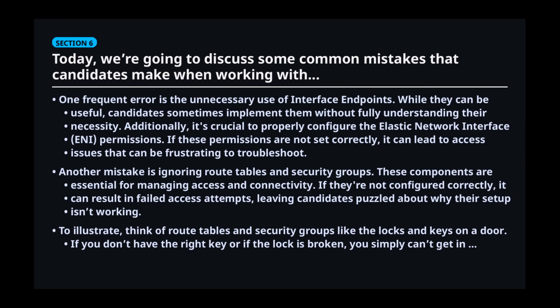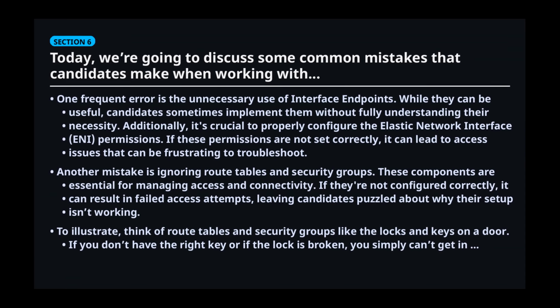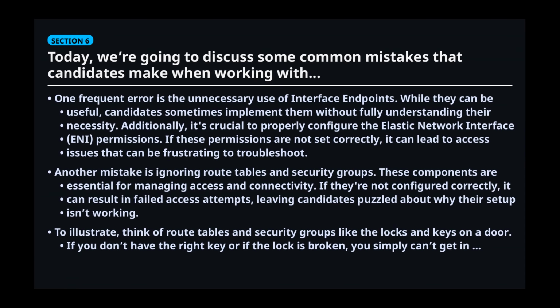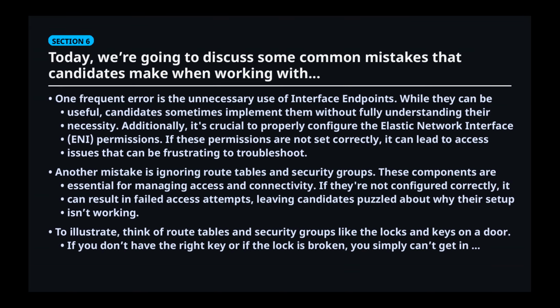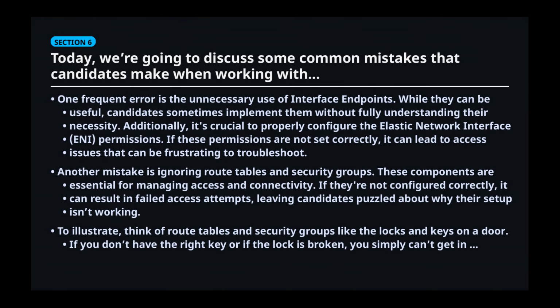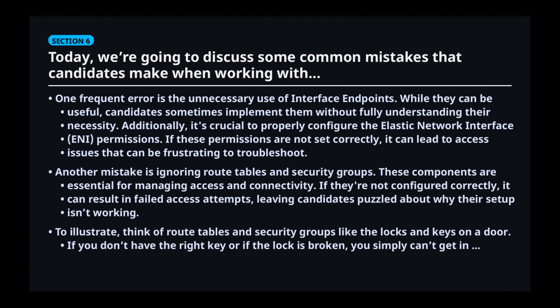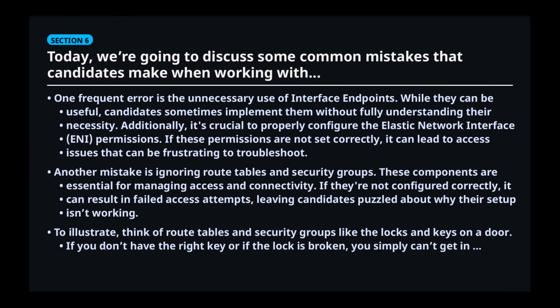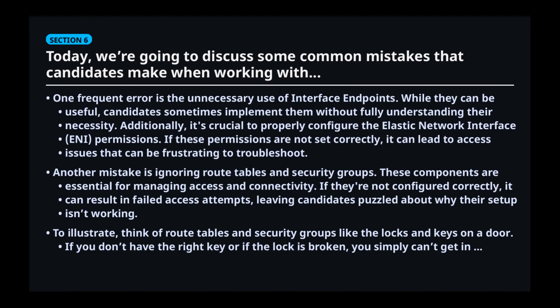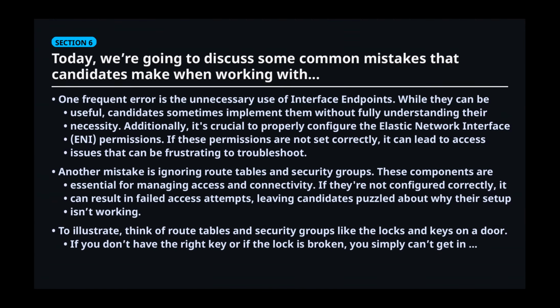One frequent error is the unnecessary use of interface endpoints. While they can be useful, candidates sometimes implement them without fully understanding their necessity. Additionally, it's crucial to properly configure the Elastic Network Interface, ENI, permissions.